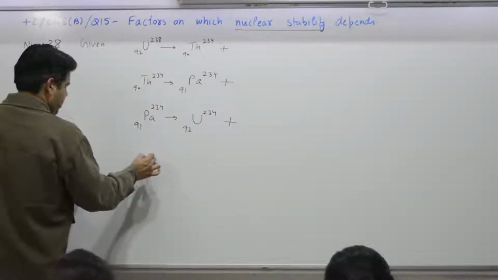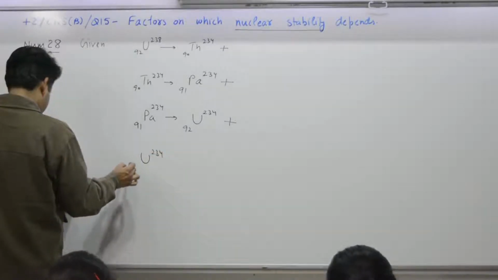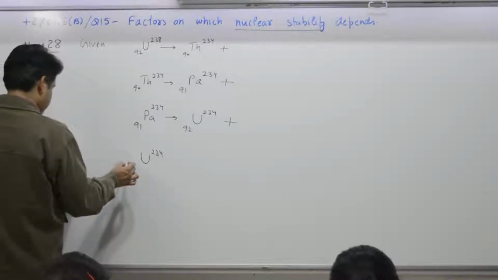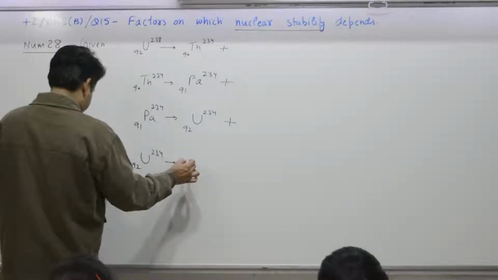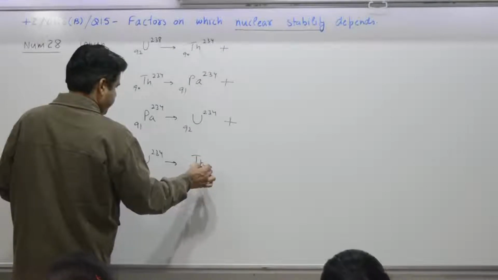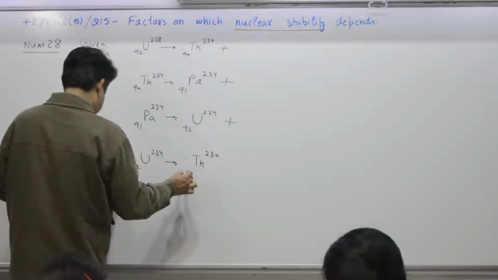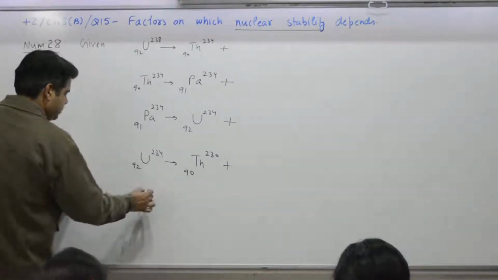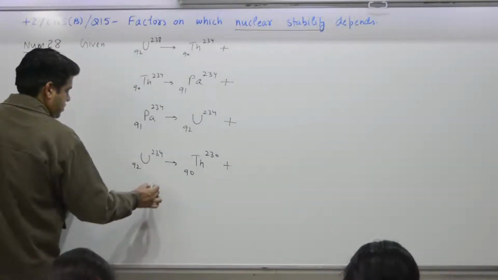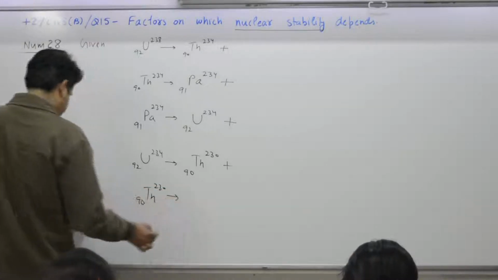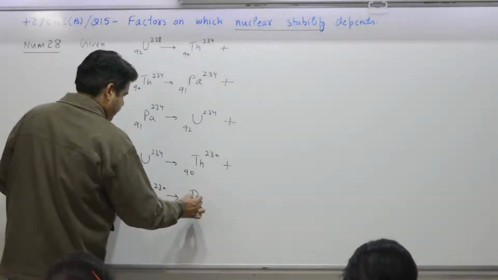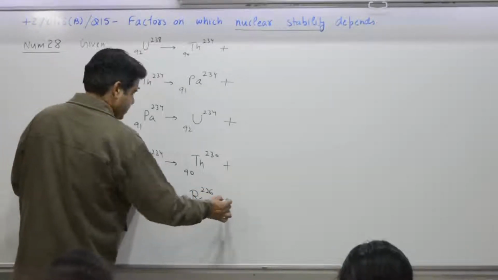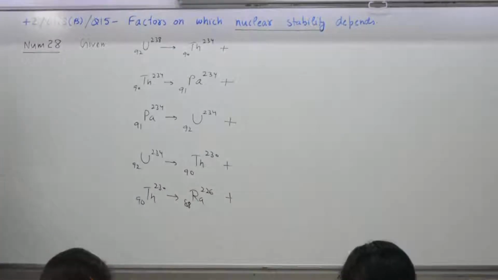And uranium 234, 92, changes to thorium 230, 90, plus something, and this thorium changes to radium 88, 226. Completed. 1 minute.